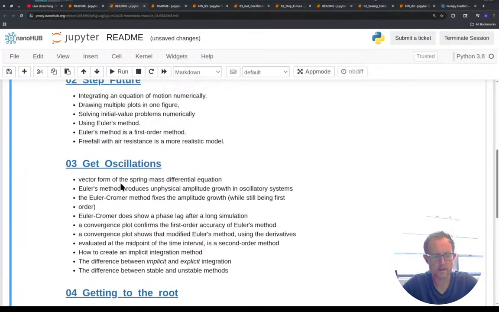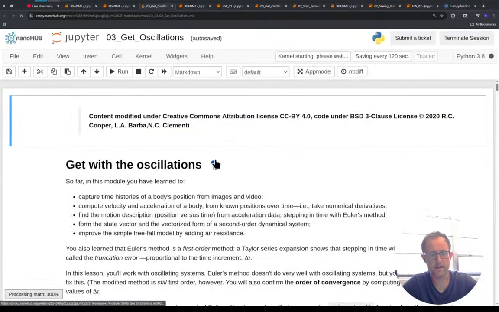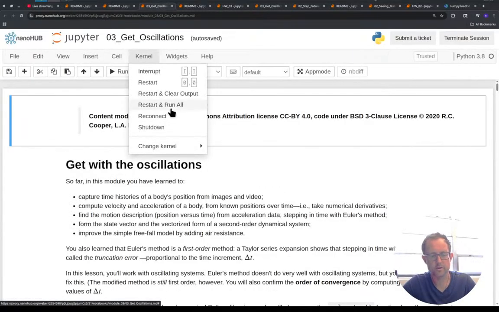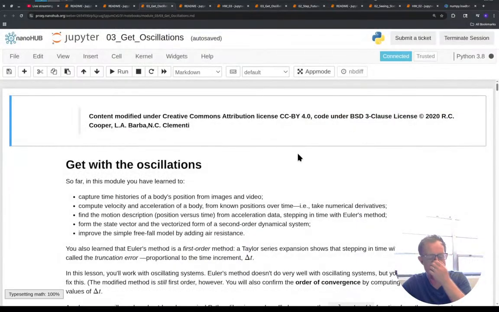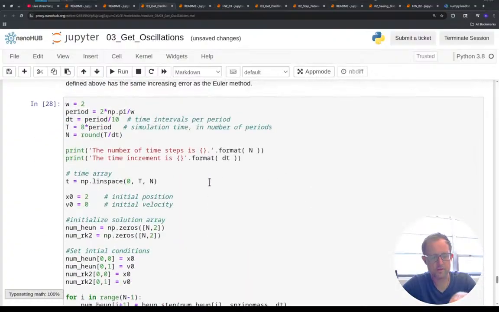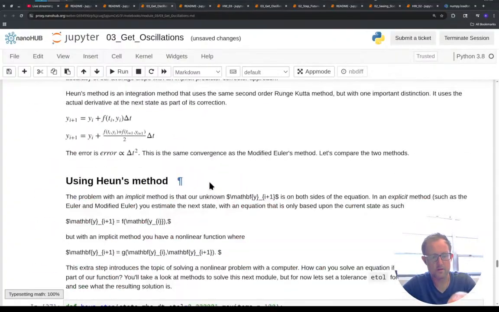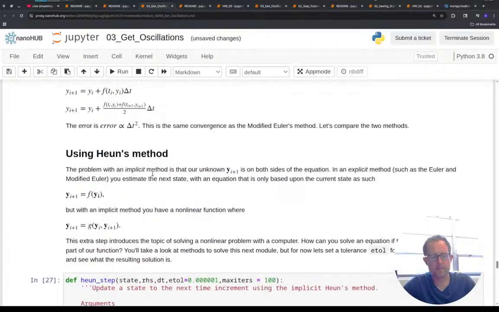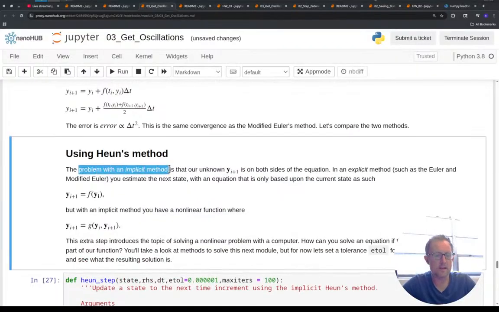Let's talk through this a little bit. I'll do a kernel restart and run all. I want to show this implicit method, this implicit Heun's method.